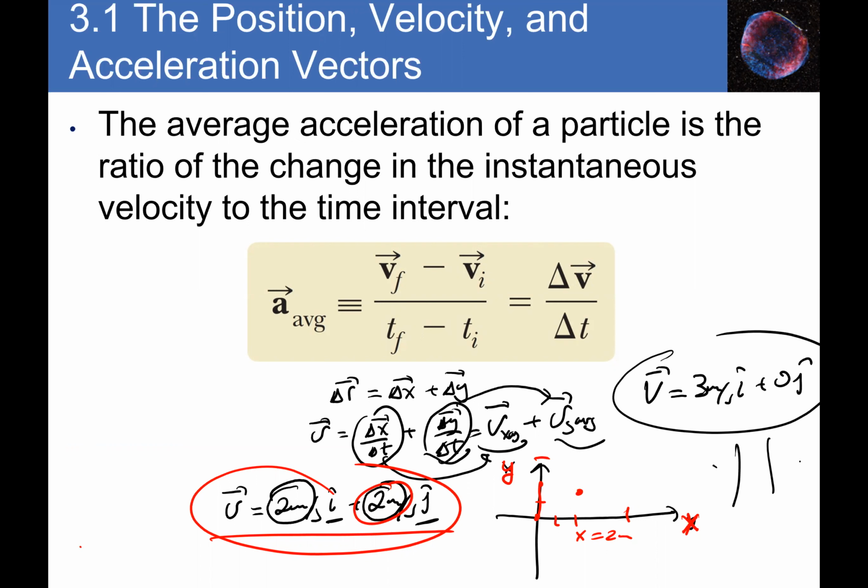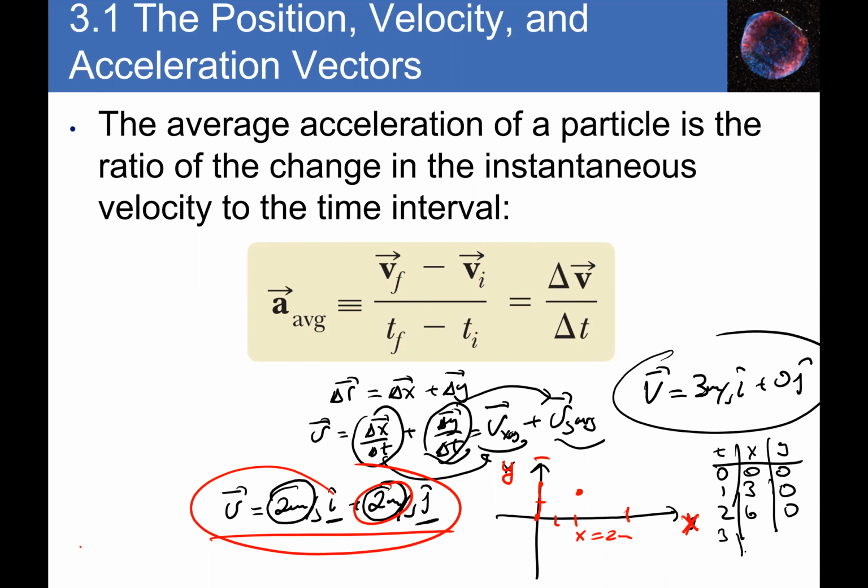Let's say we have x and y positions, and let's say this is time. At t equals 0, let's say you're at 0, 0, and then you start moving. 1 second later, your position in x direction will be 3. Your position in y will be 0. Time equals 2 seconds, your position will be 6 in the x direction, in the y direction 0.